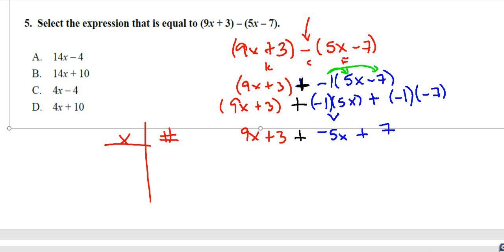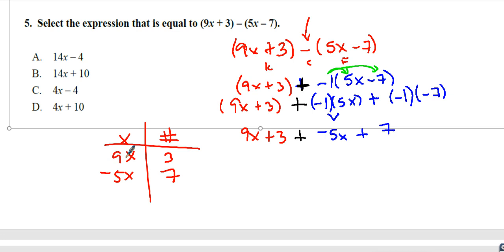If I made columns to combine them, I have x's, I have 9x's, and I have negative 5x's. In my numbers column, I have 3 and I have 7, because I keep all my signs that are to the left, and this makes it very easy.